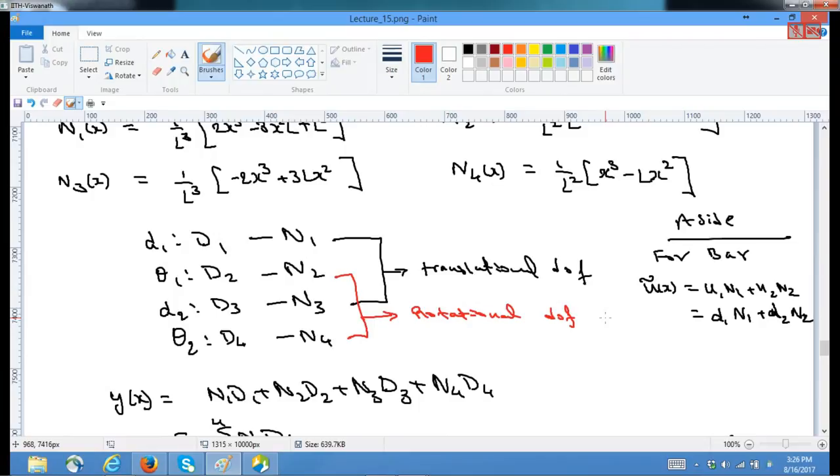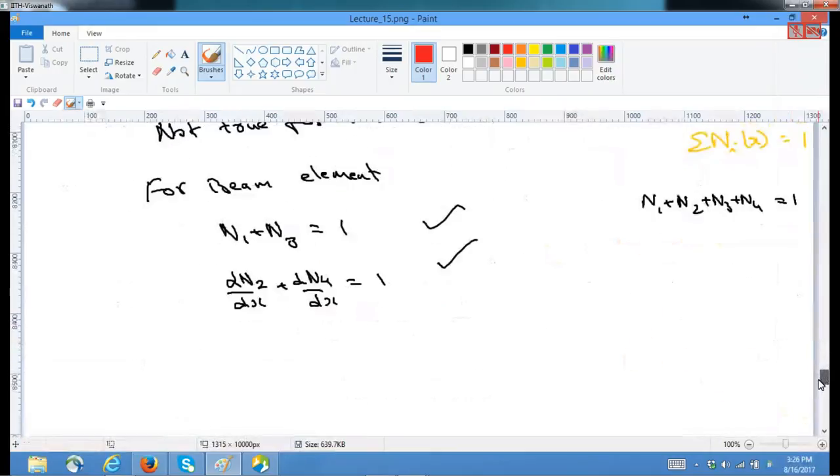by our given approximation. That is, our y of x should be capable of giving you a rigid body translation, as well as, if you differentiate it with respect to x once, the dy by dx approximation should also represent the rigid body rotation. So both criteria will help you obtain these two properties of the Hermite shape functions.